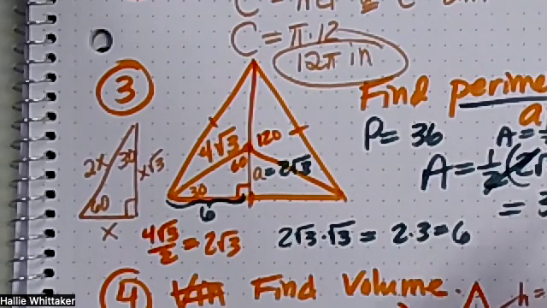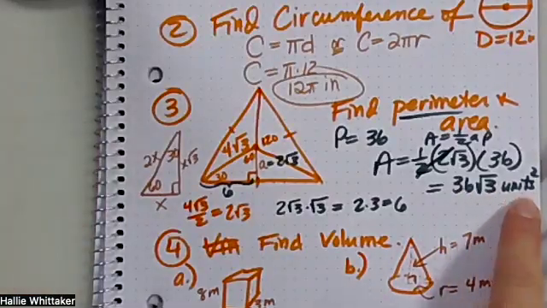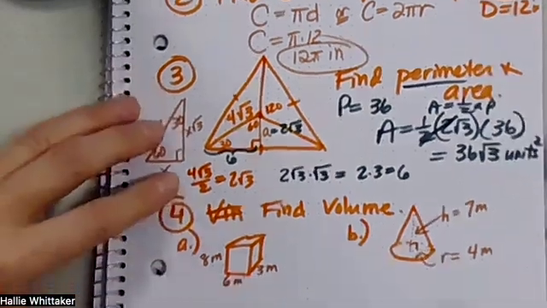There you go. 36 square root of 3 units squared. If you got that, really good job. Did it ring a bell? Like, did it kind of come back? I hope. If not, get on Zoom. I'll reteach it. You'll get it.